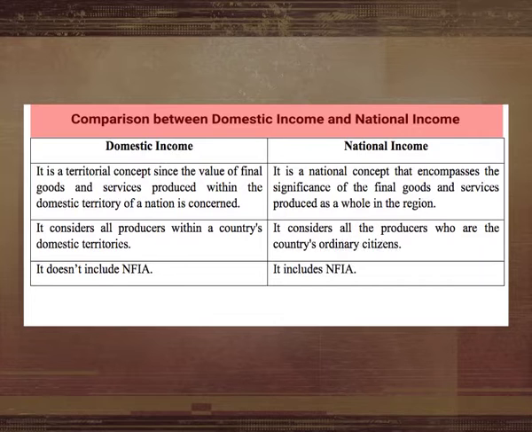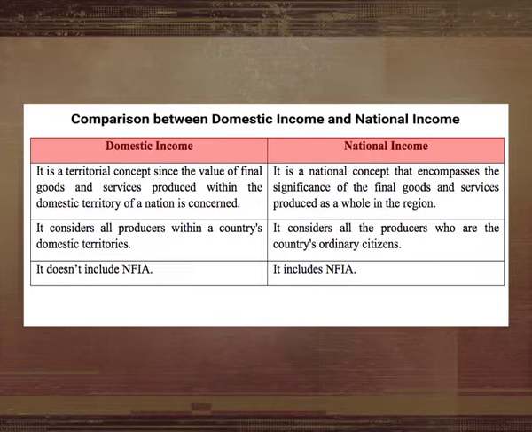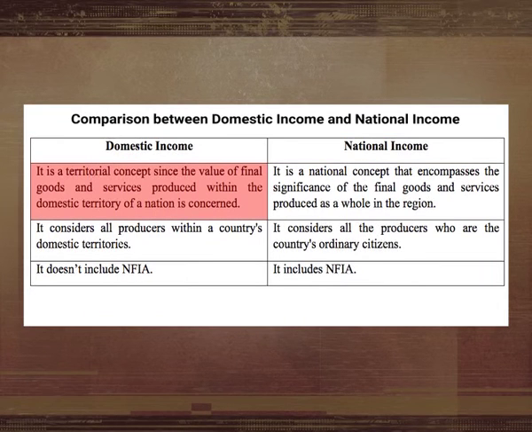Comparison between domestic income and national income. Domestic income is a territorial concept, since it is concerned with the value of final goods and services produced within the domestic territory of a nation.